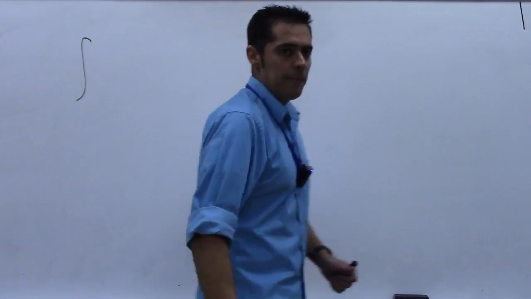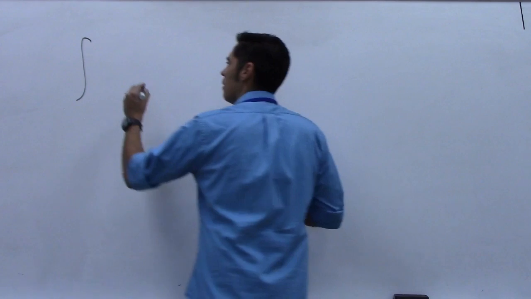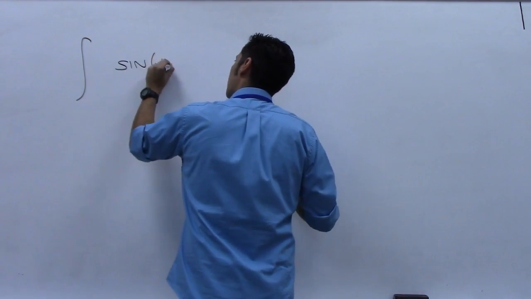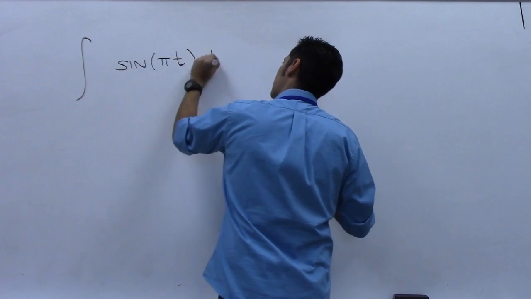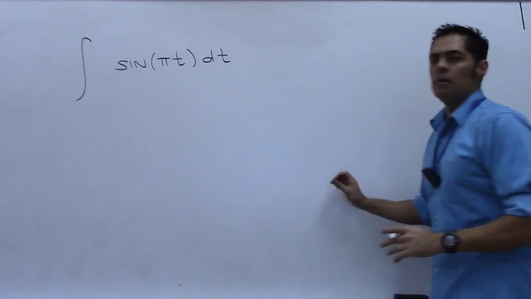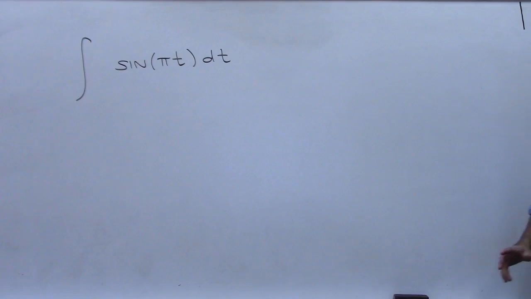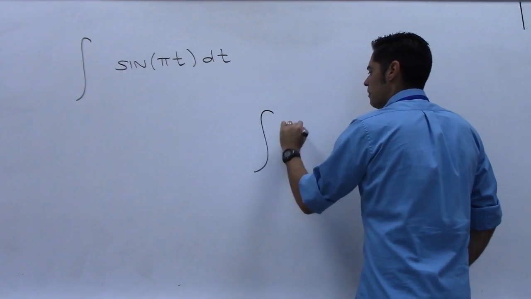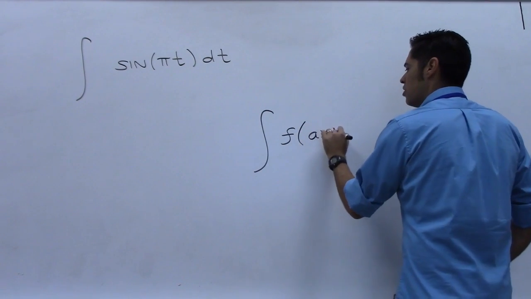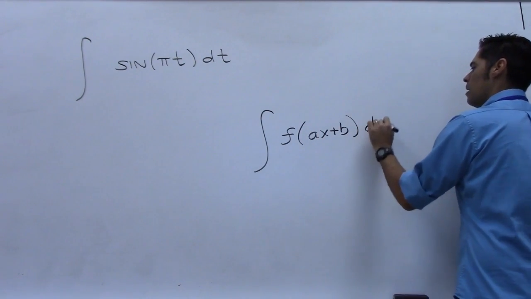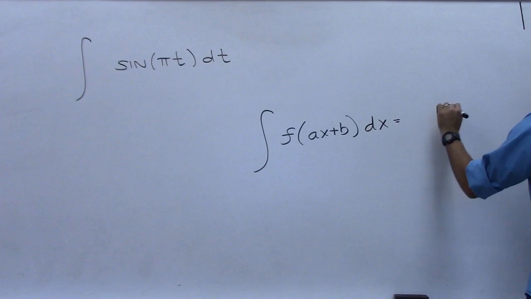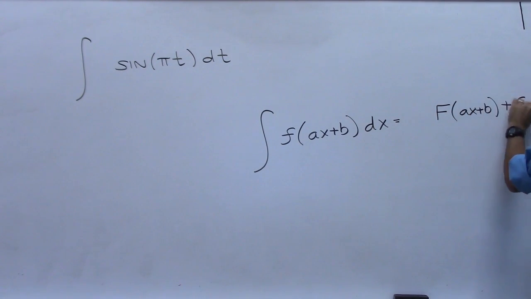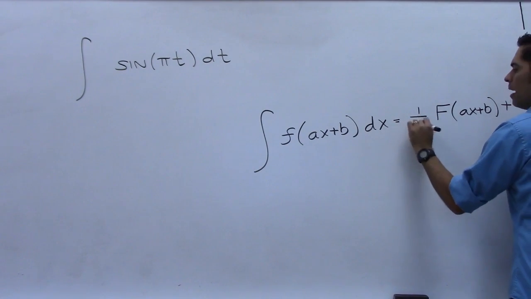Which one? That'd be sine pi t dt. Sine of pi t dt, that's it? Yeah. Okay. So there's two ways to approach this. Last class I was telling you that if you're integrating a function with a linear expression in it, do you remember this? That it's the antiderivative of that function evaluated at the linear expression plus c, but you have to scale by 1 over a.